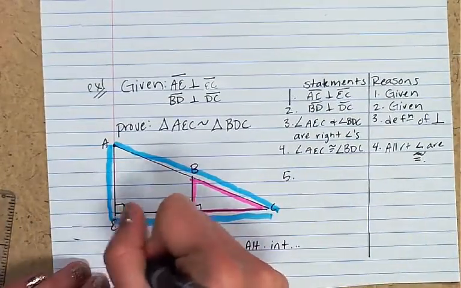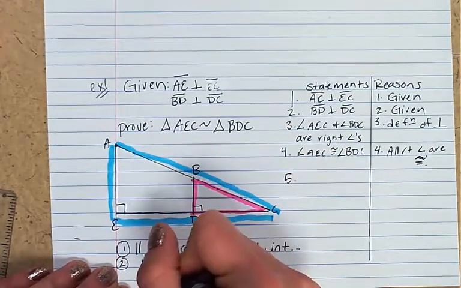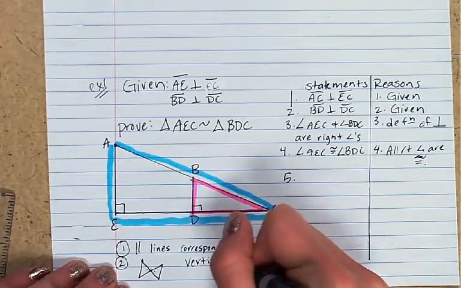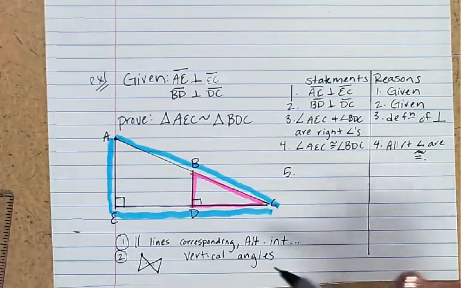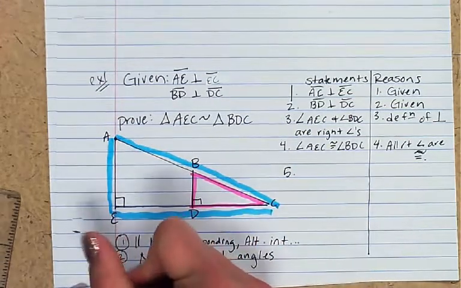If you have triangles that are drawn like this, you could use vertical angles, because we know vertical angles are the same. Well, we don't have that, but what we do have is overlapping triangles.